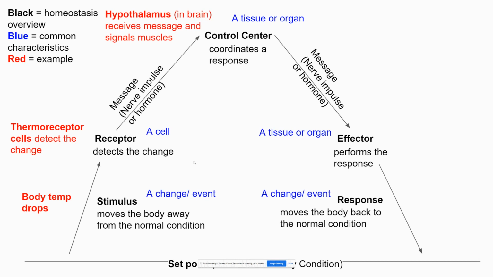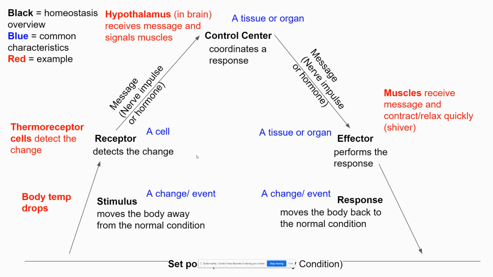The hypothalamus will receive the message from the thermoreceptors that the body temperature dropped and will send out a message to the muscles. In doing so, it's coordinating a response. The message that the hypothalamus sent out is going to activate the muscles. When the muscles receive the message and activate, they will begin contracting and relaxing at a rapid pace, which to us looks like shivering.